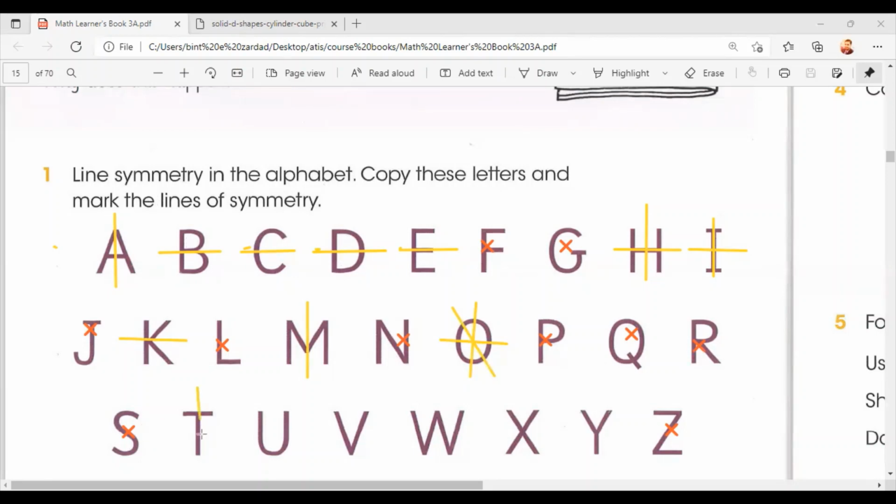We can make it not horizontally, vertically. We can make a line of symmetry. U, we can make a line of symmetry also. V also. W also a line of symmetry. X, there are two lines of symmetry in X, and Y also one line of symmetry.